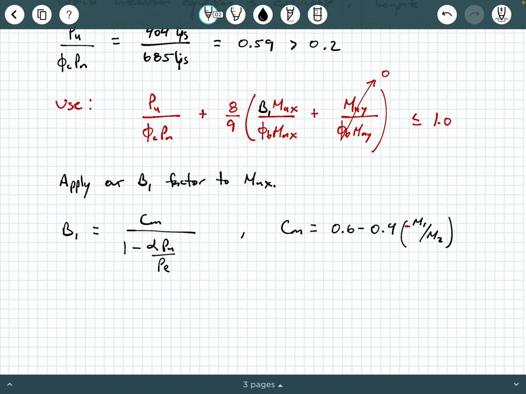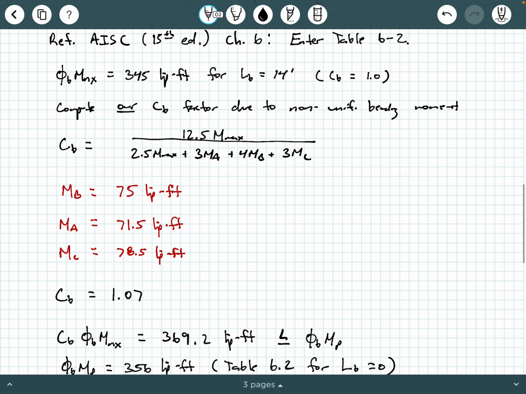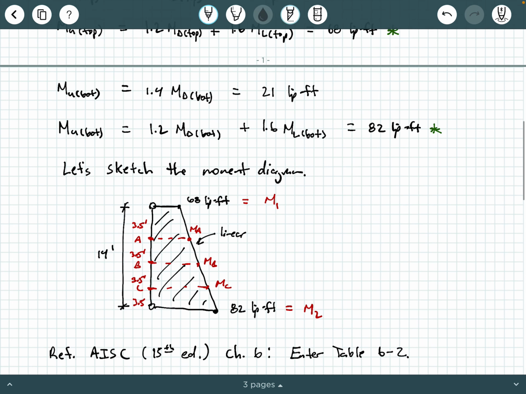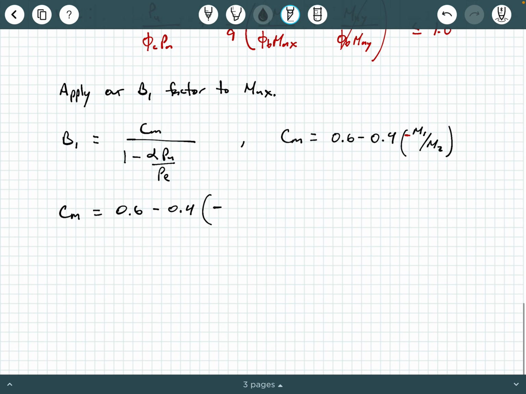So our Cm factor is going to be 0.6 minus 0.4 times negative, and then M1 going back up here, M1 is the smaller absolute value, so we have 68 kip feet divided by 82 kip feet.